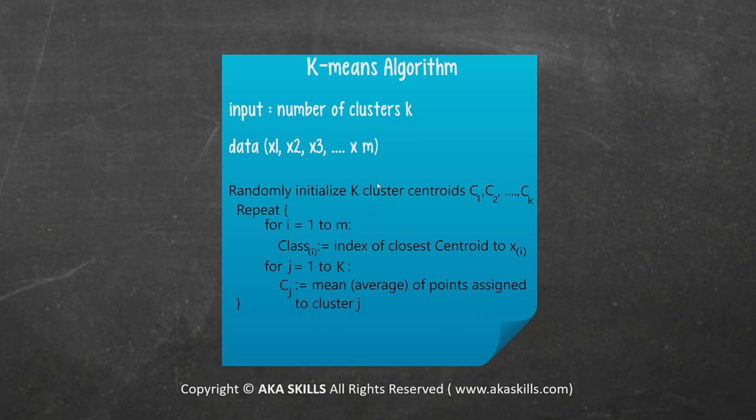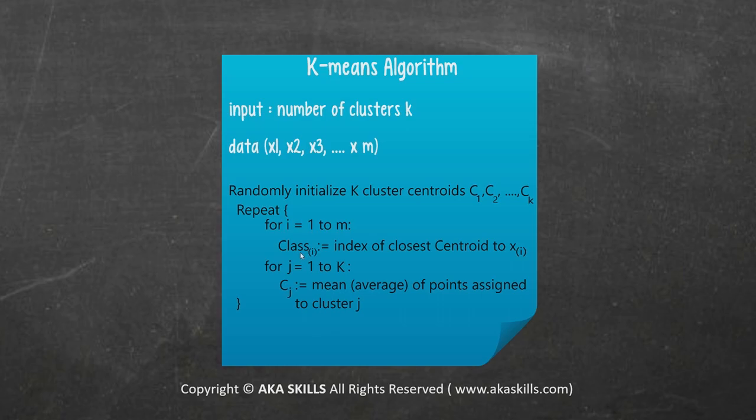We loop for all our data points, from 1 to m, that means from x1 to xm. What do we do? The class of the data point i, for example, the class of x1, we assign to that class the index of the closest centroid to x1.